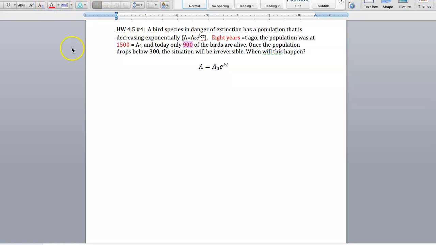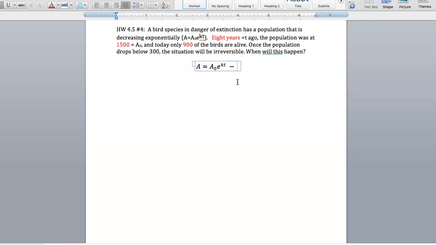Well, that's going to stand in for A. At this point, I know e is a constant. We have a value for everything except for k. k is a constant that describes how fast the population is growing or decaying. If I know everything but k, I can fill all of that in and find a value for k.